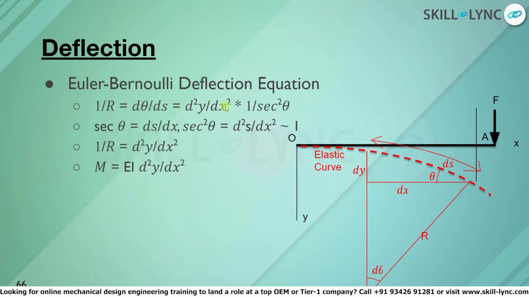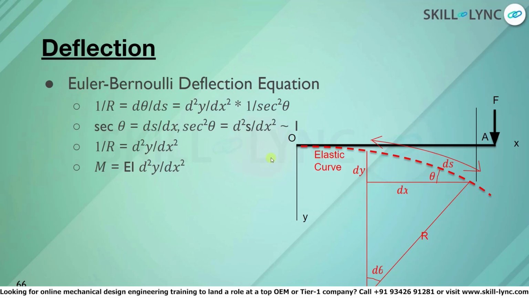And when we take differentiation, it is equal to d square y divided by dx square into 1 by secant square theta. We know that secant theta is approximately equal to 1. Therefore, 1 by r is equal to d square y divided by dx square.